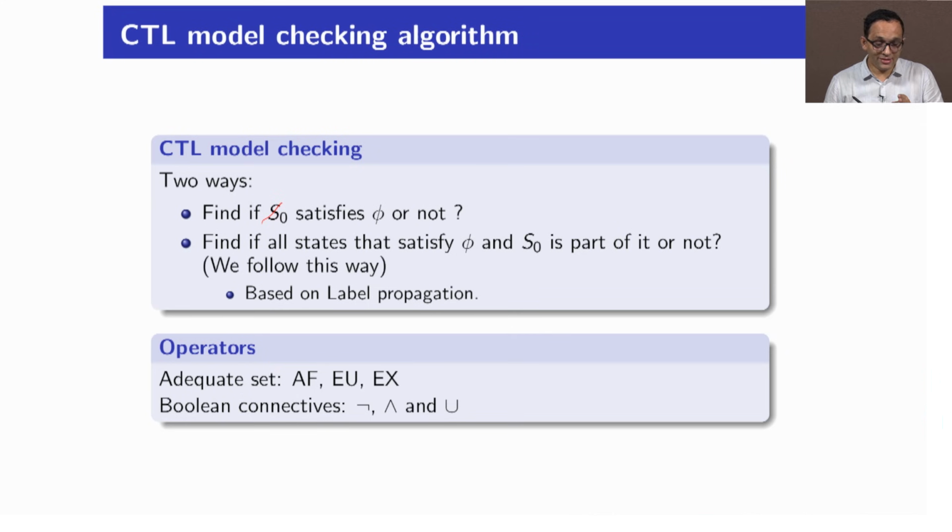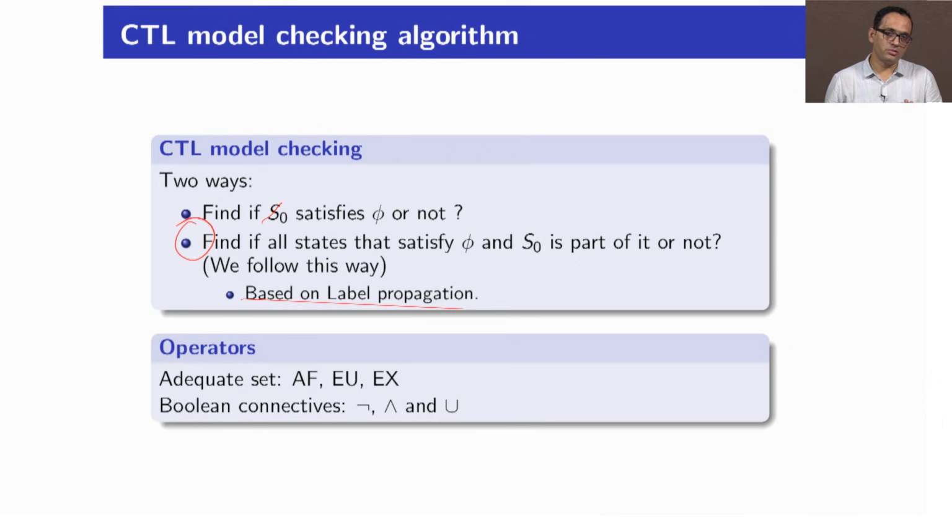In strategy two, instead of only starting from S0, I identify the set of states where this formula phi holds. If S0 is among them, then I say this particular model satisfies this formula. This second approach is basically better. Here I can do the same thing using label propagation.